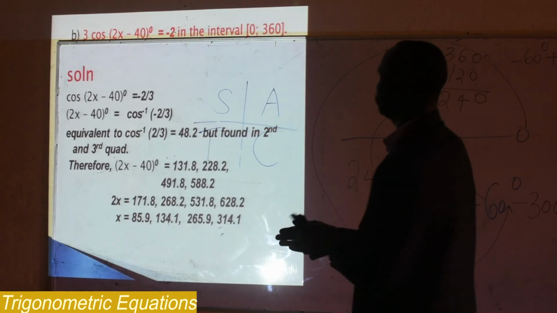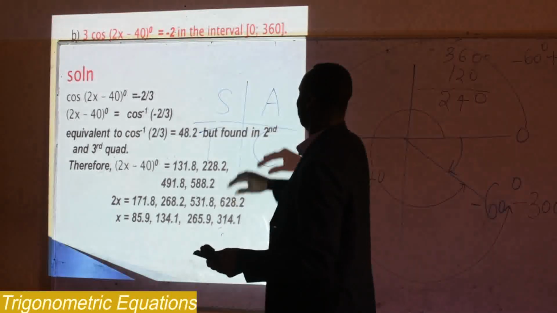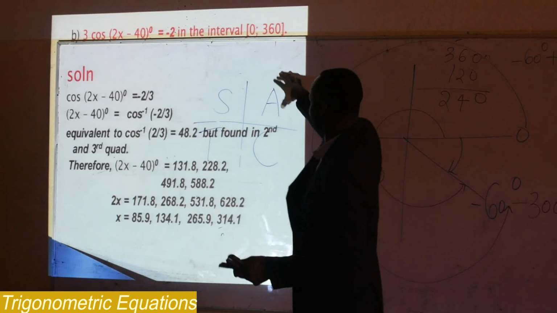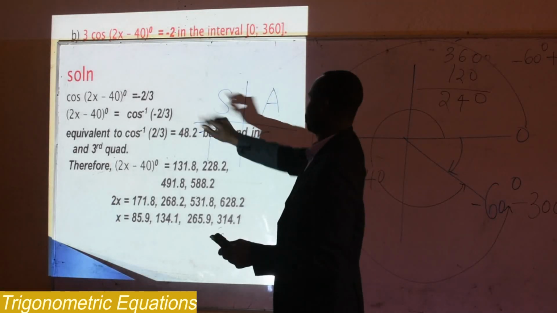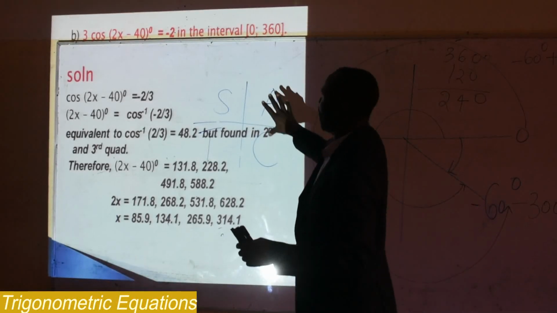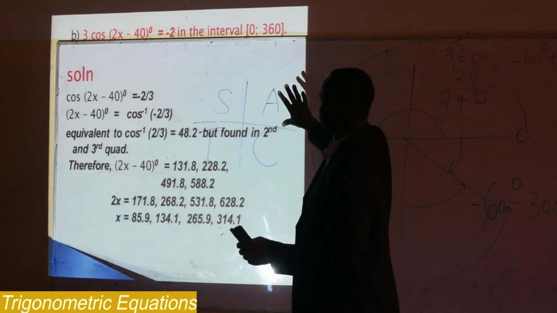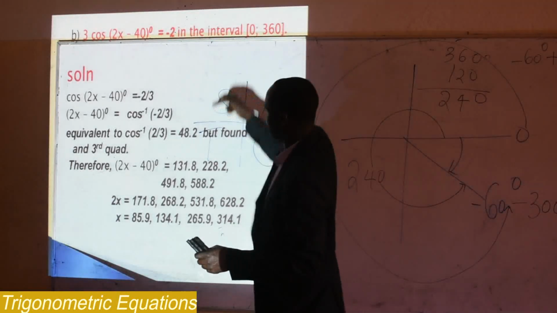Understand that the angle does not exist in the first and the fourth quadrant. It exists in the second and the third quadrant.